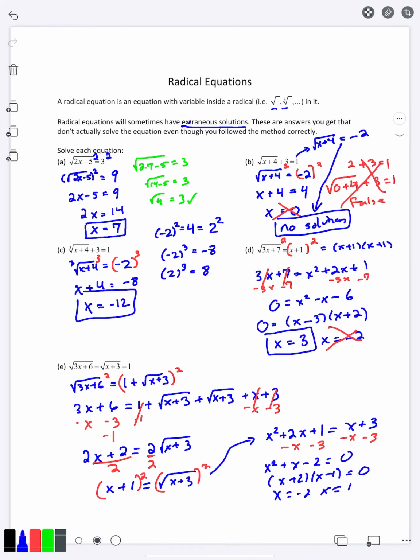I get negative 2 and positive 1. And then you have to check whether those things work. Negative 2 would not work. Positive 1 would work. Again, you really need to take the time to check them for yourselves here. And so the only answer to this problem would be x equal to 1.